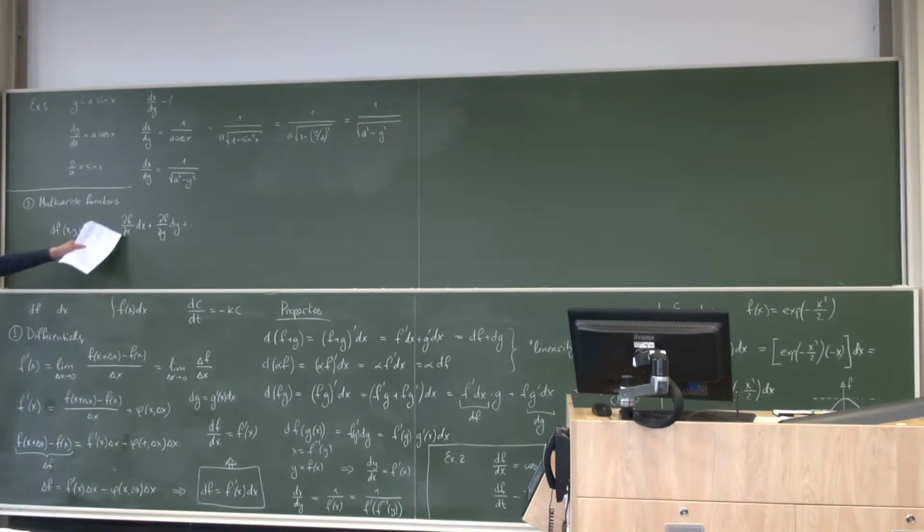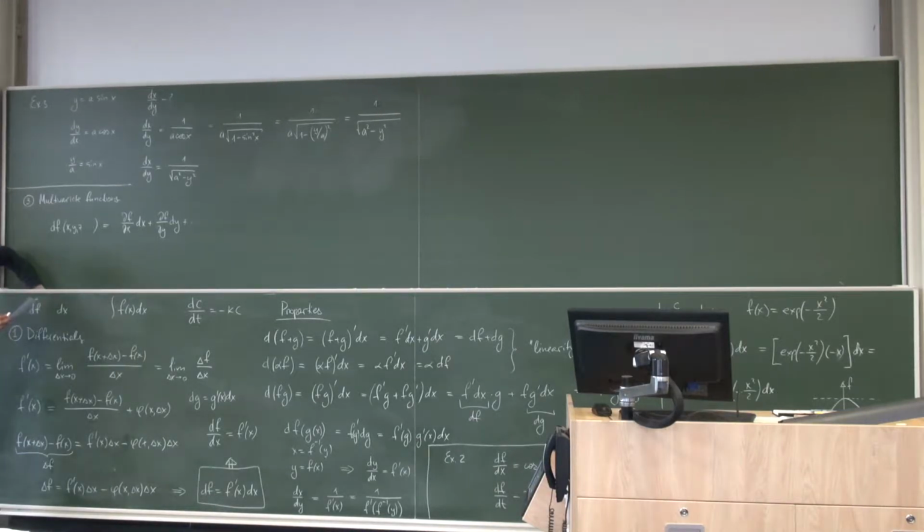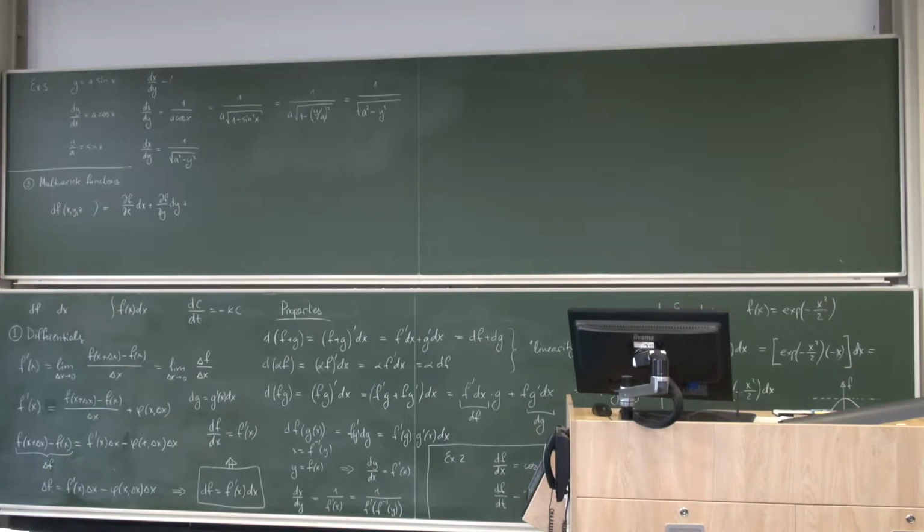Literally just the slope with respect to x times the increment in x, plus the slope with respect to y times the increment in y. That is, one can view it as a scalar product of the gradient vector and an infinitesimal step along or down the gradient vector. So this is again one of the greatest advantages of differential calculus, the simplicity of the expressions here.